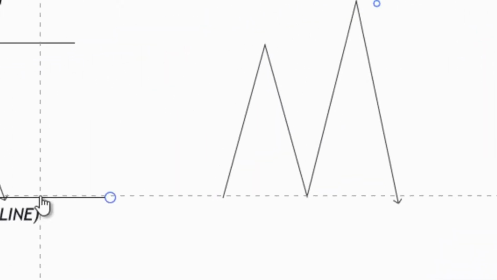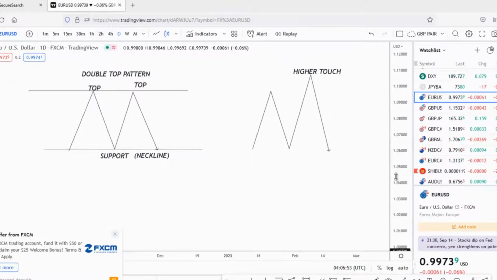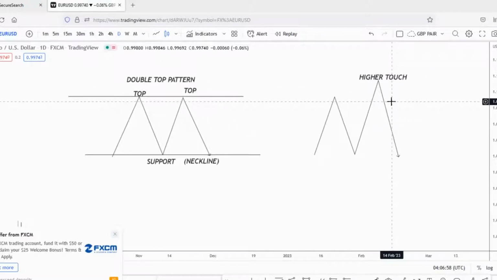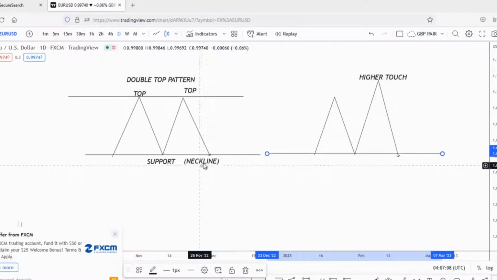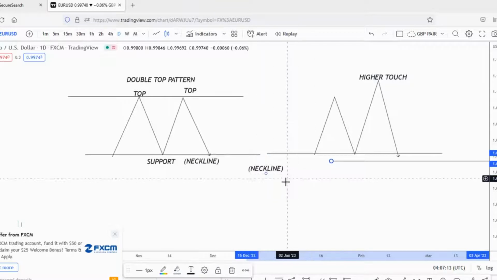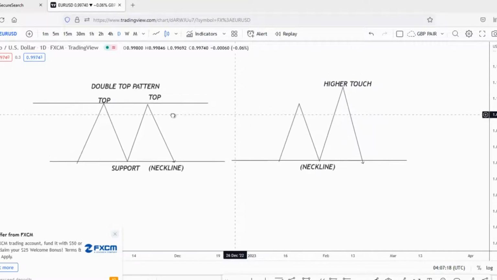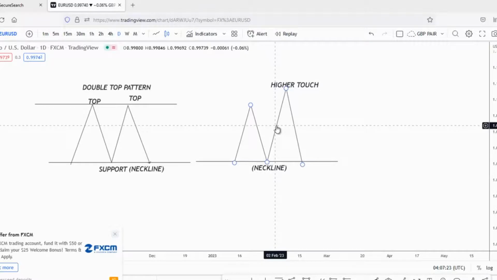So you're going to have this. This is a double top. This is a double top pattern with a higher touch, of course with a neckline. And also we have another one, so I'm just going to copy this.